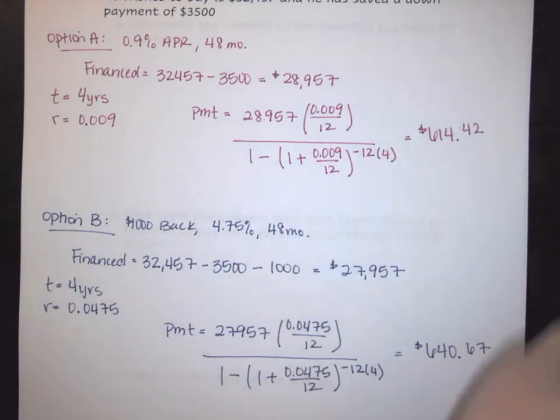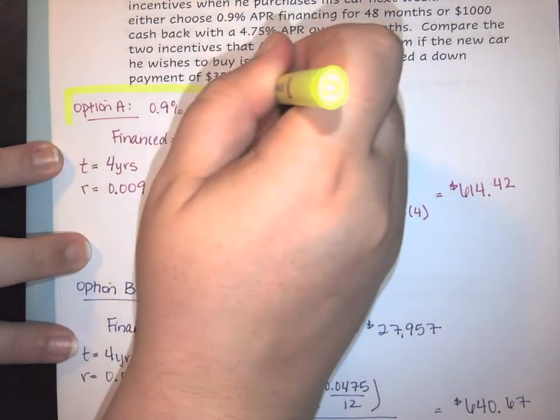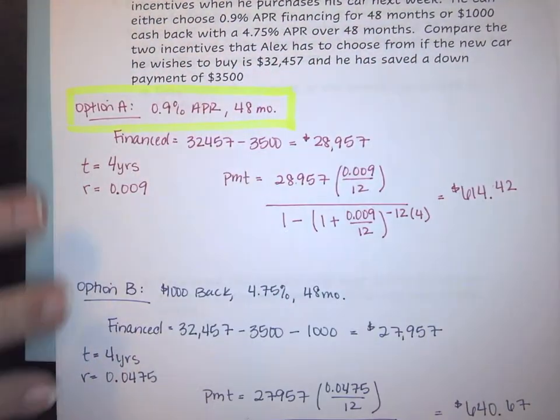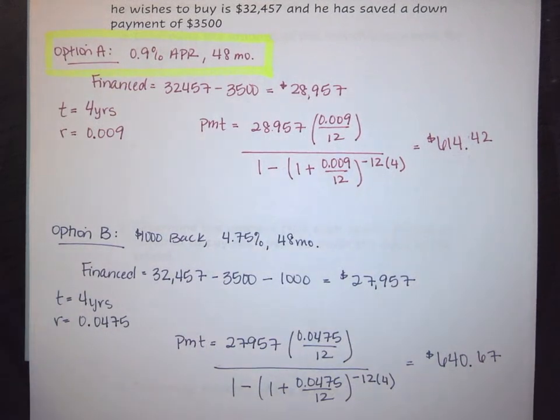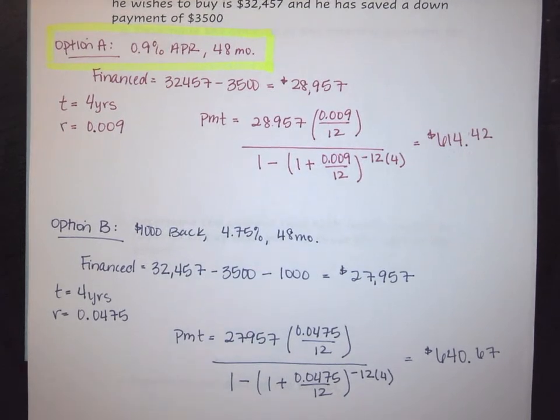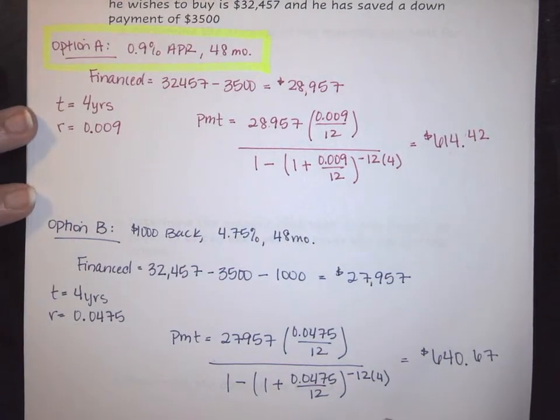And so what that actually means is if I was purchasing the car, my choice would be to go here with option A. Now, in reality, a lot of people get sucked into the $1,000 cash back option, but as long as you calculate for yourself, you'll always make the best choice. Okay? So, there you go, choosing between two options.